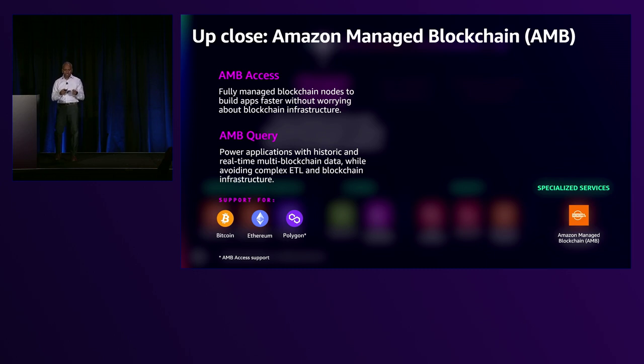You can engage directly with the public blockchains and remove any undifferentiated heavy lifting associated with provisioning and managing blockchain infrastructure. We do that for you. We take care of that. We remove the heavy lifting. We manage the infrastructure. You can go focus purely on what you're building. There are a standard set of APIs that come with it that allow instant scalability.